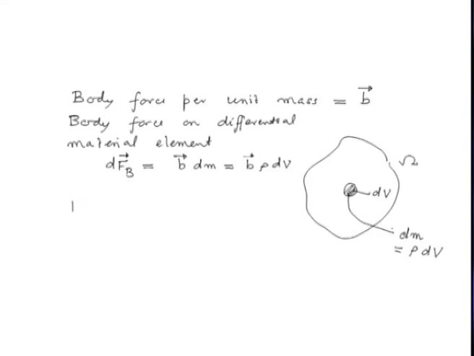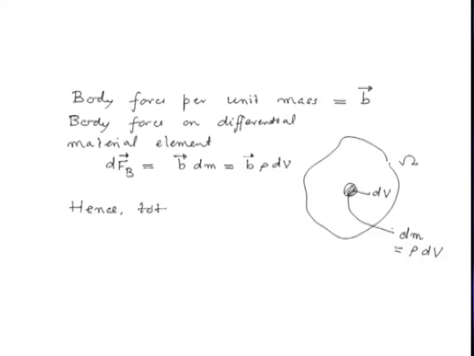To obtain the total body force acting on the fluid medium contained in the volume omega, we simply need to integrate it over the entire volume. So, total body force F_B is the volume integral over domain omega of B rho dV.